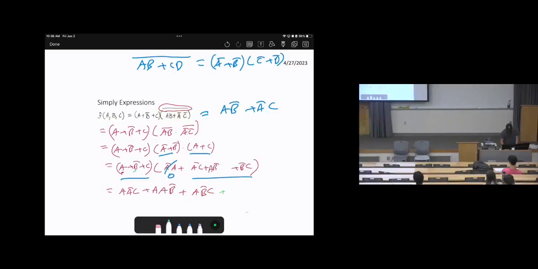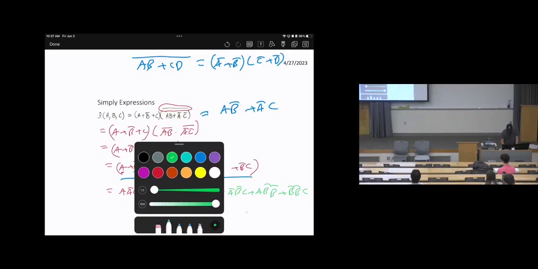Then plus B bar, so I prefer the alphabet, A bar, B bar, C, plus A, B bar, B bar, plus B bar, B bar, C. This is the second term.